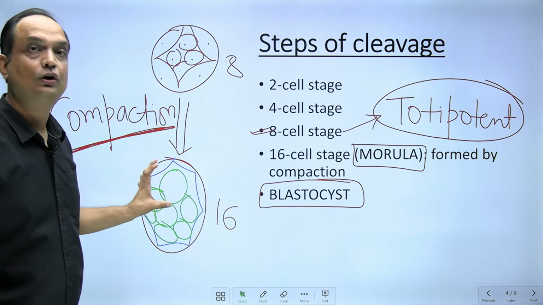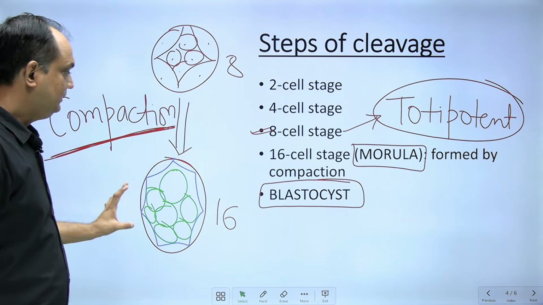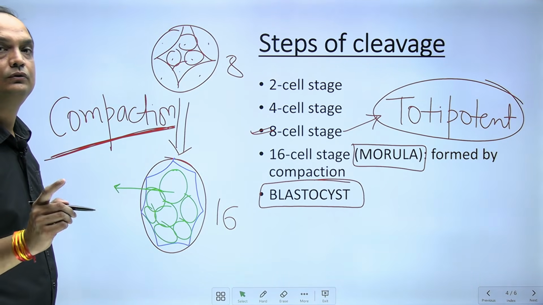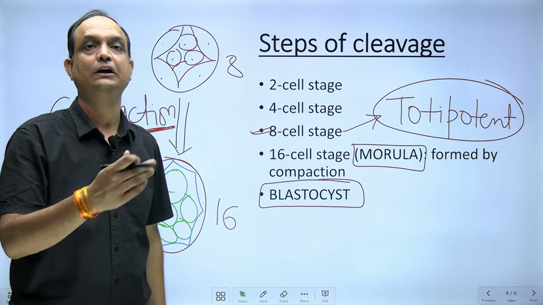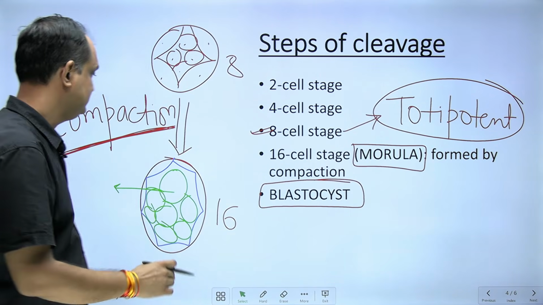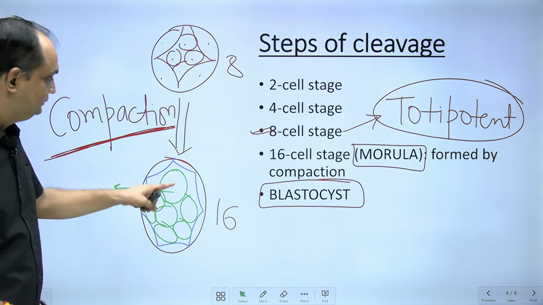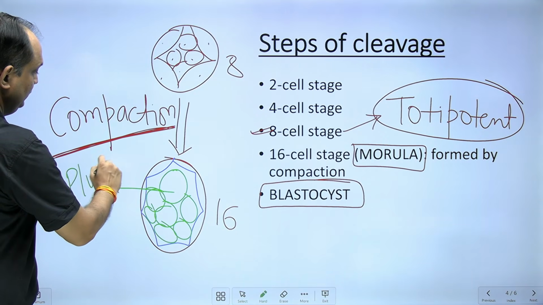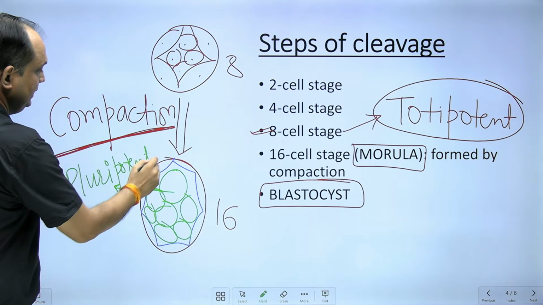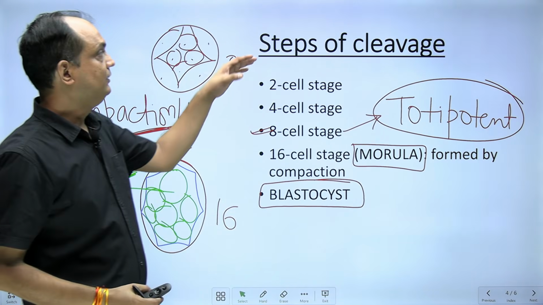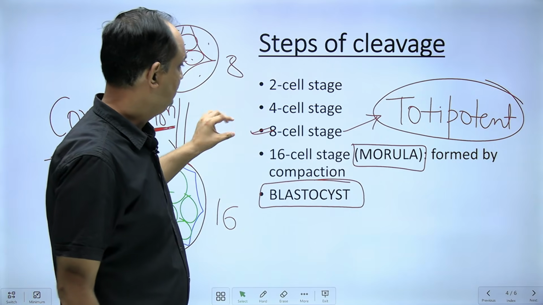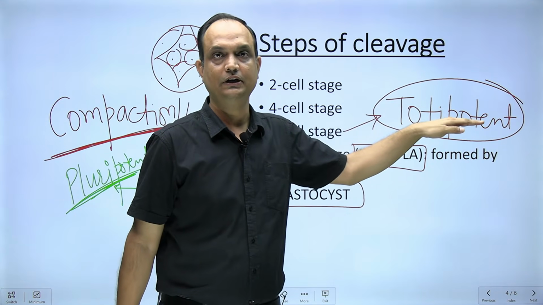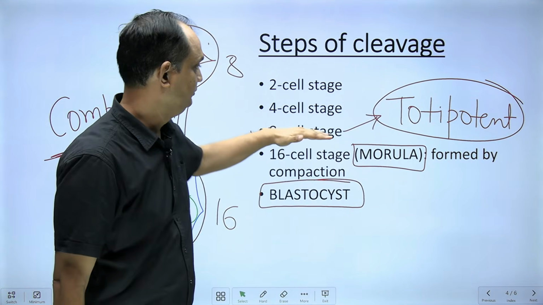And these cells are not totipotent. Clear? Why not totipotent? Because the inner cell mass is now only responsible for forming the derivatives of ectoderm, endoderm and mesoderm. That means they can form your body cells. So, the inner cell mass behaves like a pluripotent cell. Here you have to understand this concept: in the cleavage, up to the 8 cell stage, all cells are totipotent and can form intra as well as extra embryonic tissue.